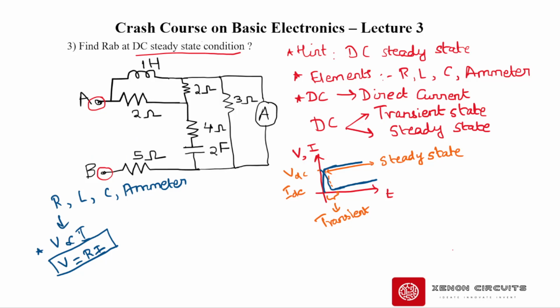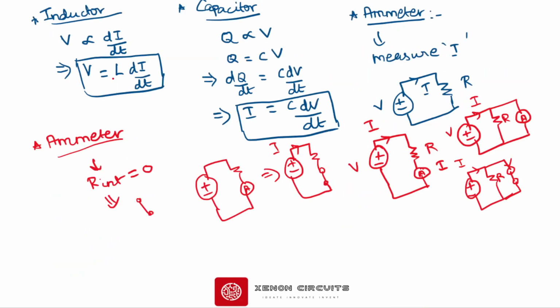Now for an inductor and capacitor, we have either the current or the voltage changing with respect to time, and we know that at steady state the change of the quantity with respect to time, whether it is current or voltage, is going to be zero, right?